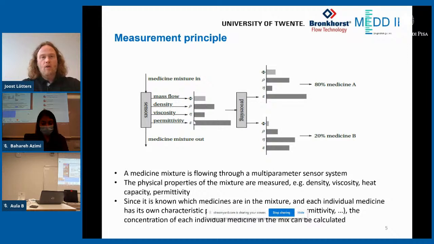Because we know which medicines are in the mixture, via processing we can decompose it into, in this case, 80% medicine A and 20% medicine B, because these drugs have different characteristics, different densities and viscosities. Therefore, we can decompose every mixture into the individual drugs inside the mixture.